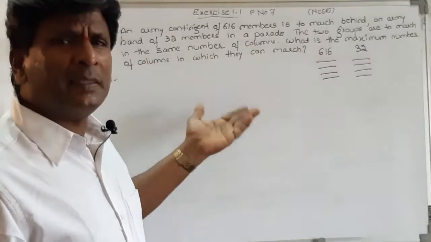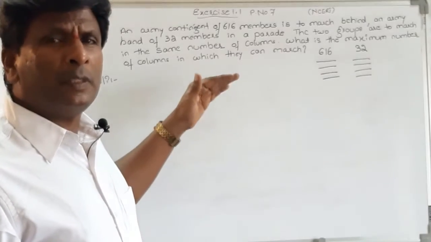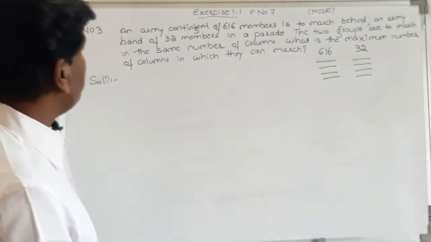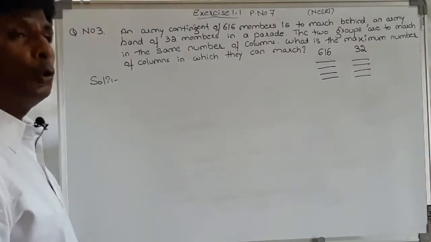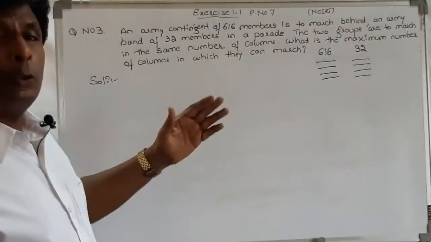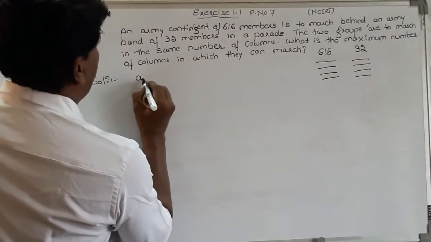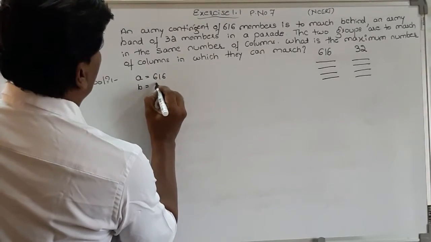To find the HCF according to the lemma, we have solved so many problems with this method. Now the numbers are 616 and 32. Of these two, the bigger one should be A and the smaller one B. So A is equal to 616, B is equal to 32.